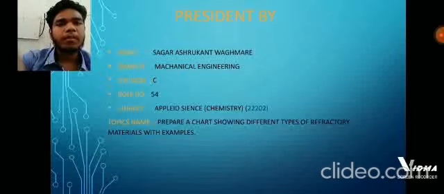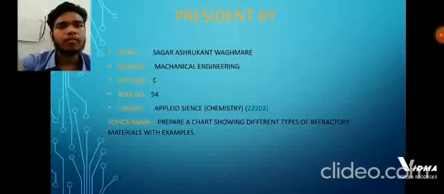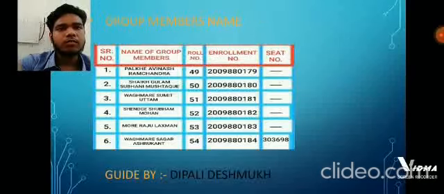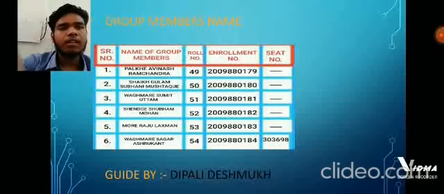Topic name: prepare a chart showing different types of refractory materials with examples. Group members' names: Avinash Palke, Gulam Sheikh, Shubham Senge, Raju More, Sagar Wagmare.